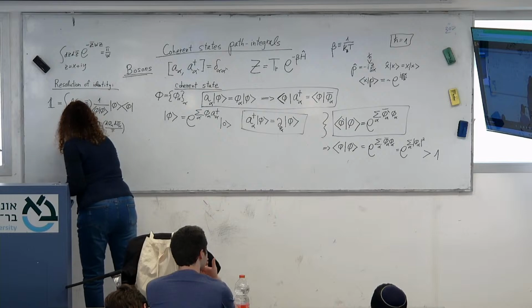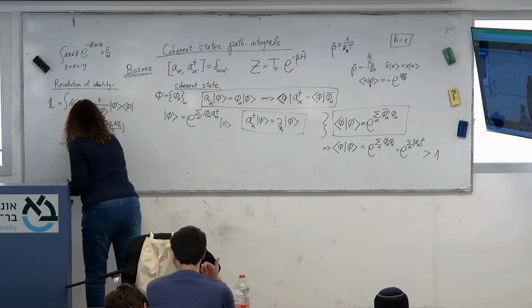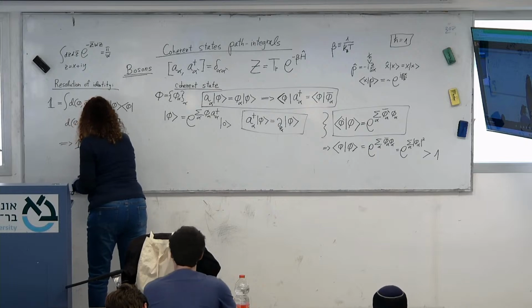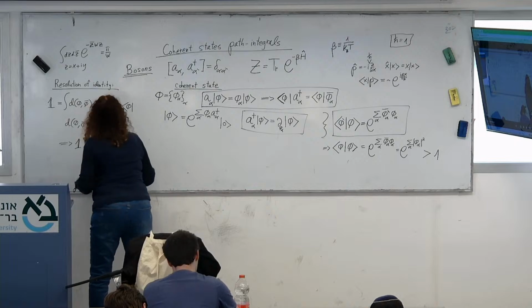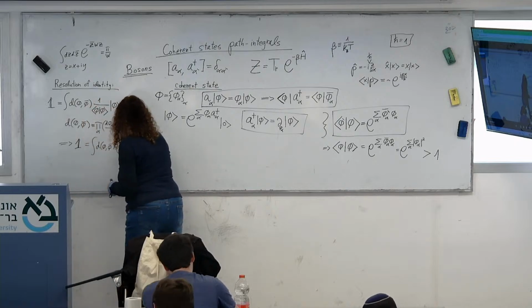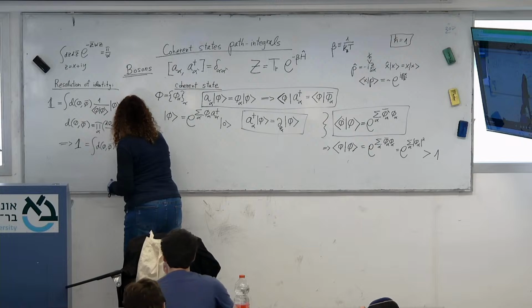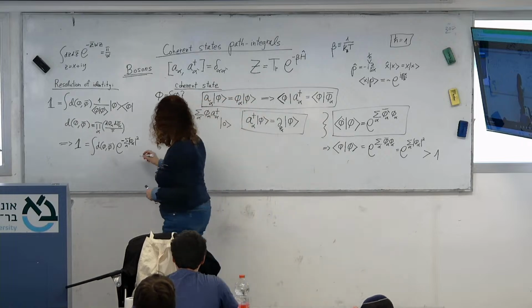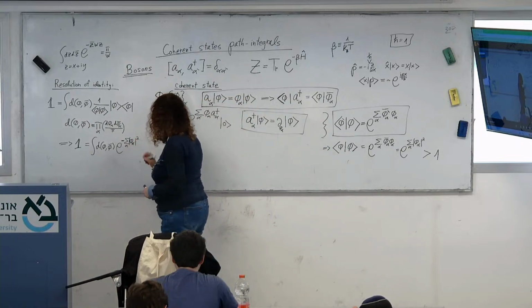So to be more explicit, we get a resolution of identity that is the differential times e to the minus sum over alpha of phi alpha bar phi alpha, which is phi alpha absolute value squared. This is just the Gaussian.